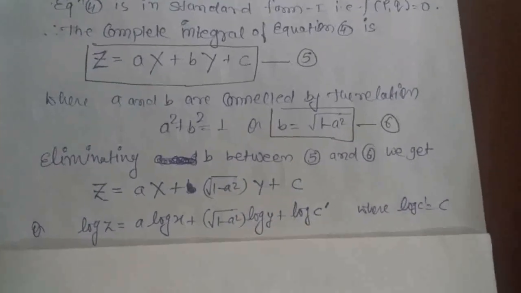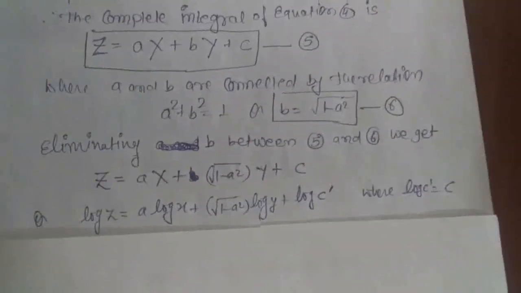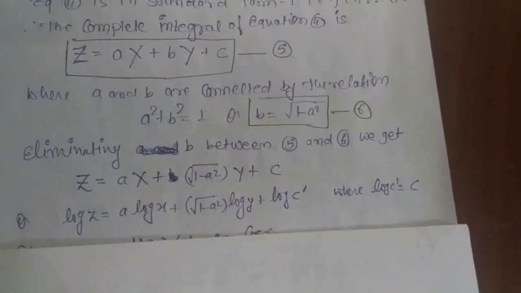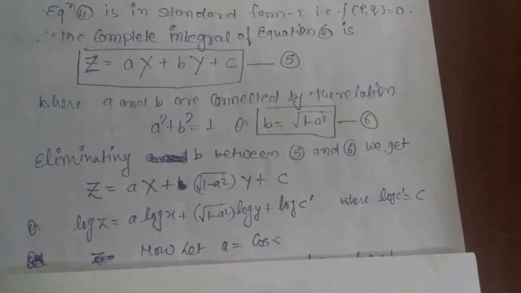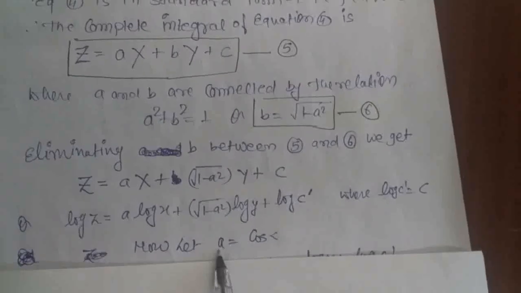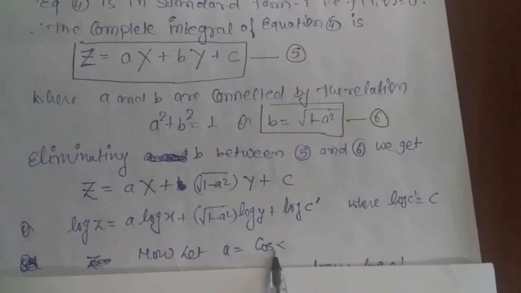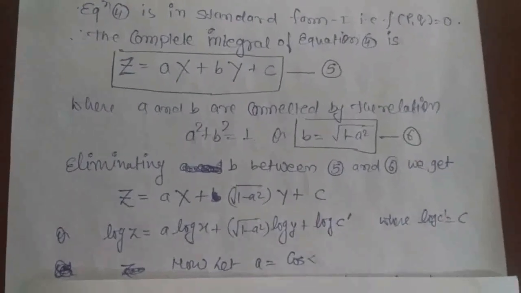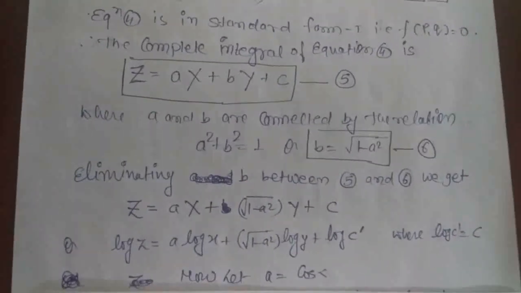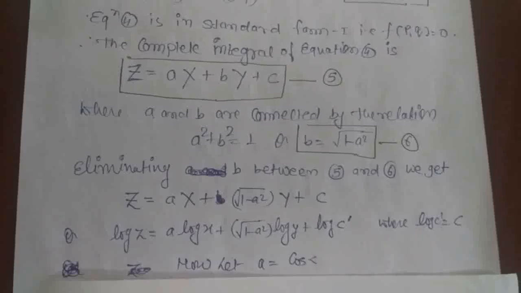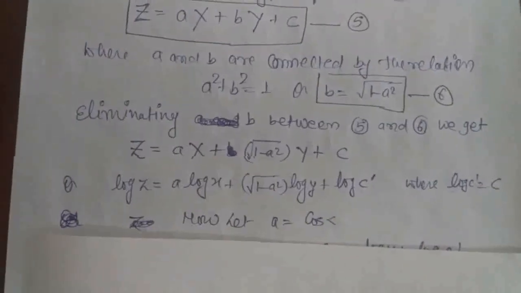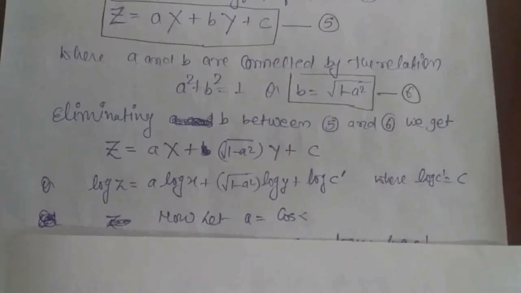For simplicity of the general solution and singular solution, we take a transformation. We replace a by cos alpha. This transformation we use only for simplicity of the general and singular integrals, which we are going to obtain.